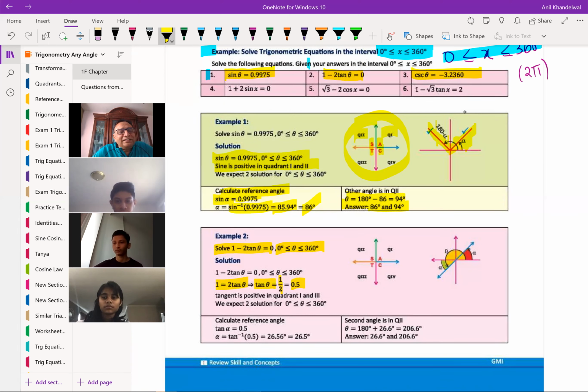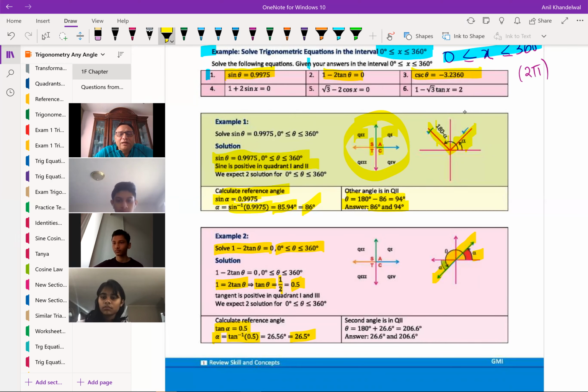We are looking for tan θ = 1/2. In which quadrants is tan θ positive? Quadrants 1 and 3. So we have two solutions: one lies in quadrant 1, the other in quadrant 3. Let's find the related acute angle. This time also it's a positive value: tan α = 0.5, so α = tan⁻¹(0.5). Using a calculator, we find 26.5, though strictly speaking it should have been rounded to 26.6.